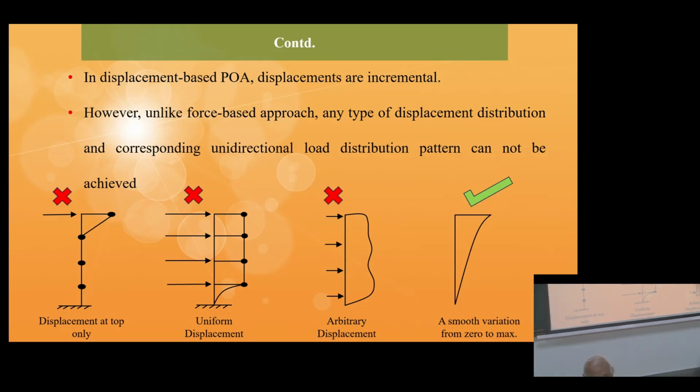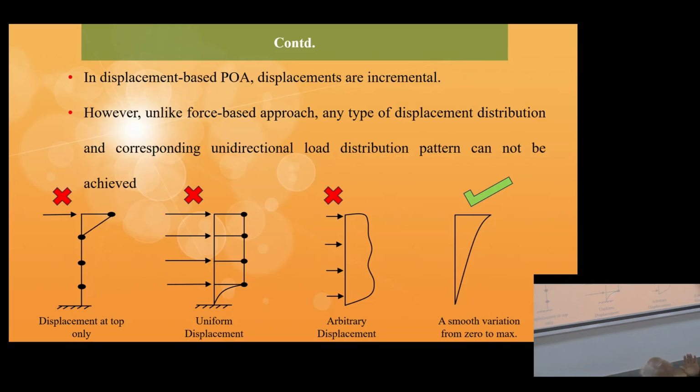That you can do, because the nature of displacement will be like this. If you give a displacement, the structure as a whole will displace. And when it is displacing, it will have a smooth curve. Whatever be the loading, if it is unidirectional, then there will be a smooth displacement.